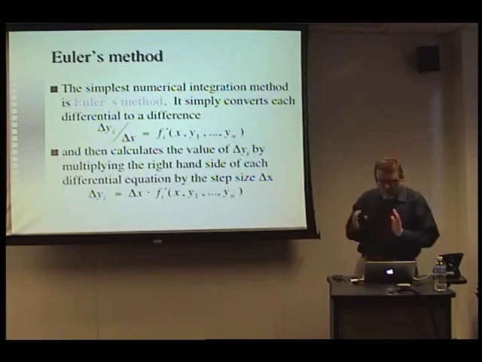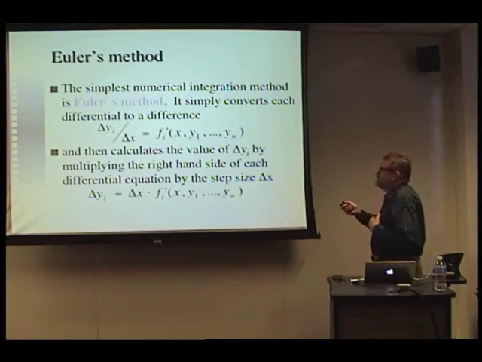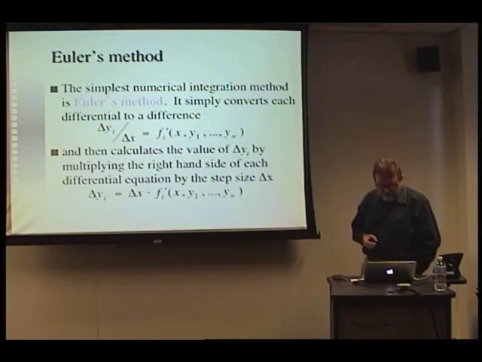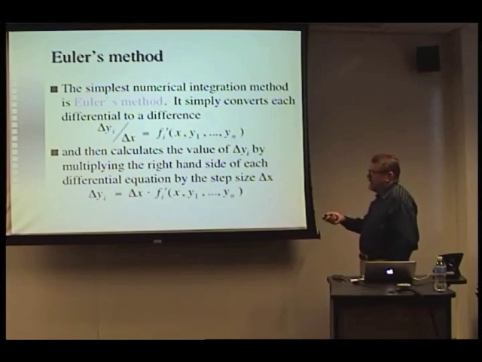The simplest way in which we do numerical integration, and many of you may have seen this before, is what's called Euler's method. As we said, we simply take the differential and convert it to a difference, so that where we used to have dy_i/dx, we have delta y_i over delta x, with the exact same right-hand side, the exact same function. Then we calculate the actual delta y by multiplying this function times delta x.